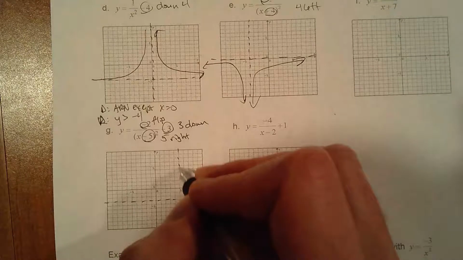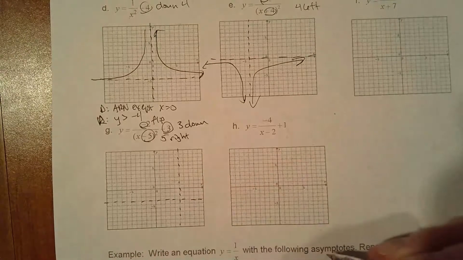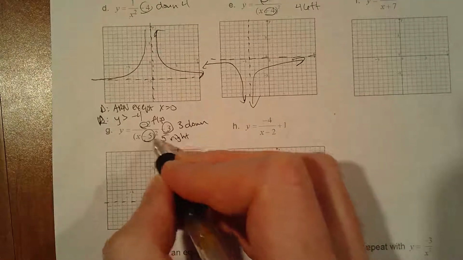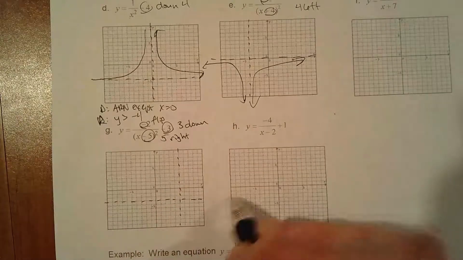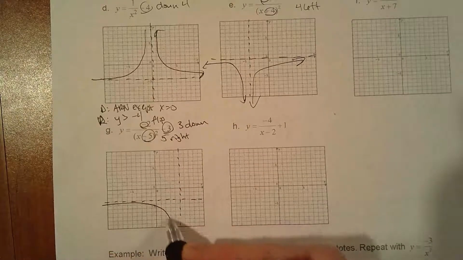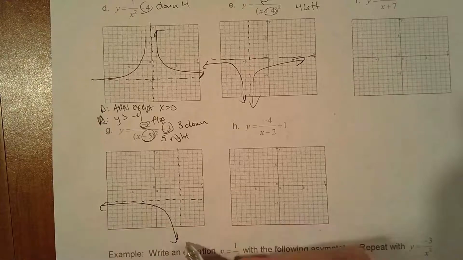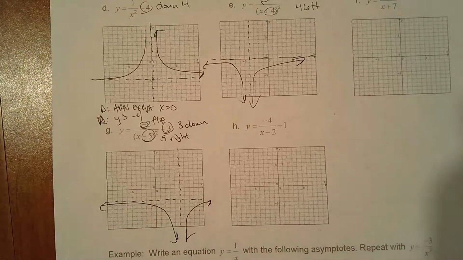So now I got a vertical asymptote at 5, and it's flipped. And notice it was an x squared, so it was a volcano graph. Now the volcano gets flipped upside down, so it looks something like this. Okay, and that's supposed to be arrows on the ends.